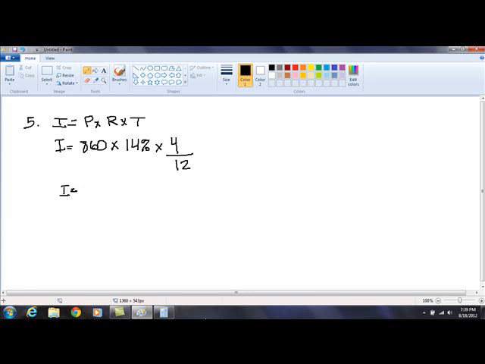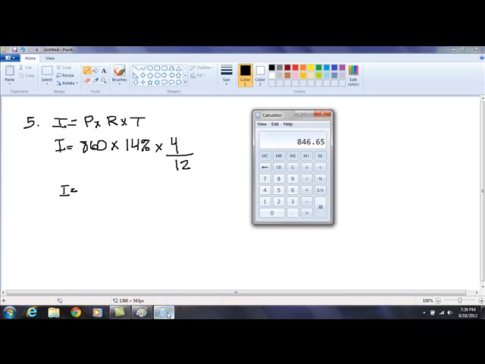So my interest is, let me clear that. My interest is 860 times 14%. Well, it's doing it wrong. I'll have to do it. We're using this calculator.